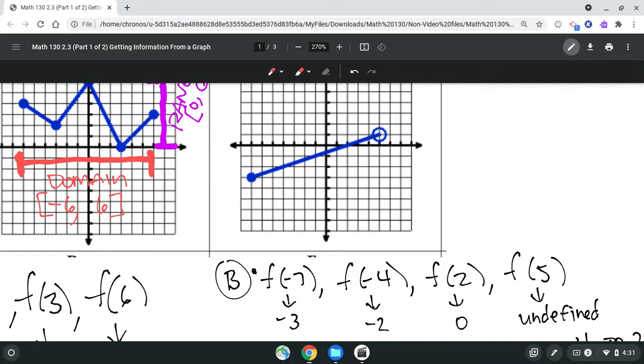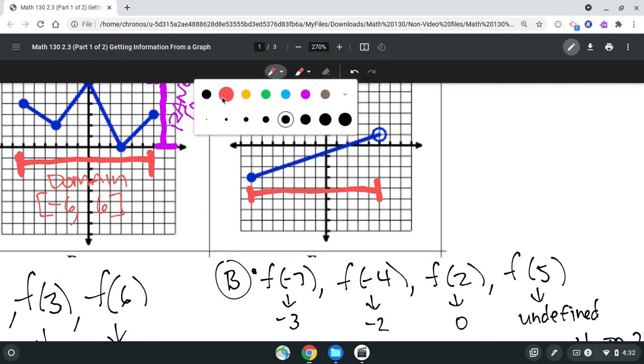All right, so our domain first. Okay, so our domain starts from here and goes all the way to here. These are all the x values that are being used, except this one is open, so we won't use a bracket, we will use parentheses.